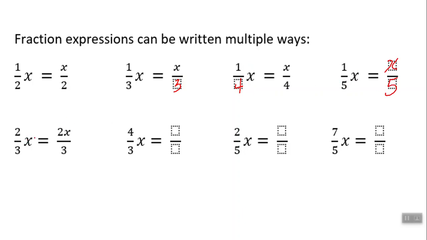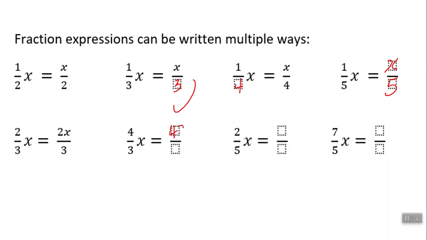Let's look at the examples at the bottom. 2/3 x is equal to 2x over 3. These are the same. If we have 4/3 x, then that's the same as 4x at the top and 3 at the bottom. Okay, sorry, let me erase it.